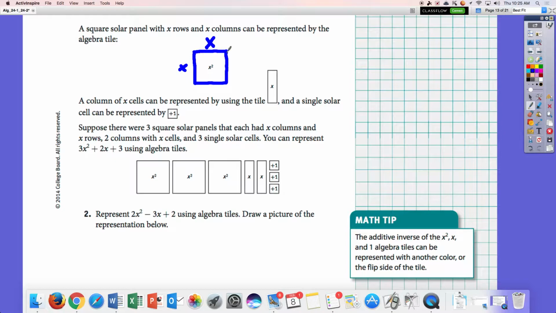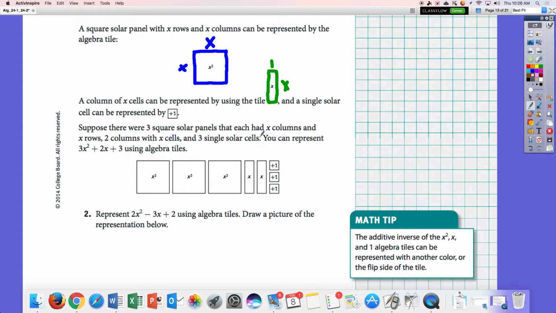A column of x cells can be represented using this tall, skinny rectangle, and that is green on one side and red on the other. This represents x because it has a length of x, like the large square before it, but it has a width of 1. Or again, x times 1 just represents x.